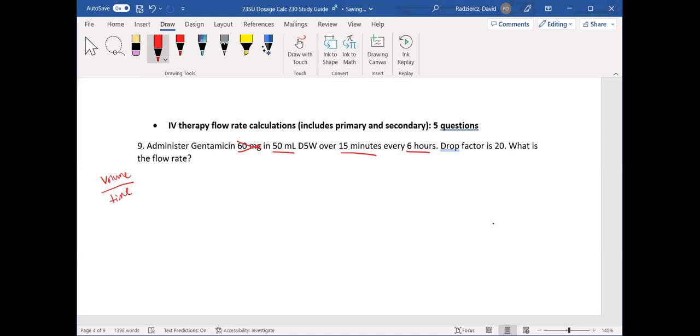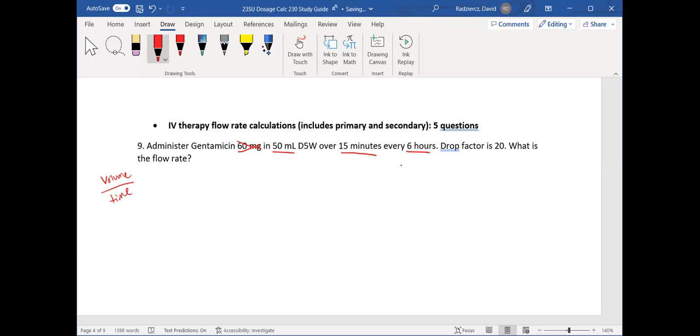Now there's a couple of extra pieces of information here, and I'm trying to think of the way that this should be answered, but I'm going to answer it the way that makes the most sense to me. I'm going to prioritize the 15 minutes because it tells us 50 milliliters over 15 minutes, and then to repeat it every 6 hours.